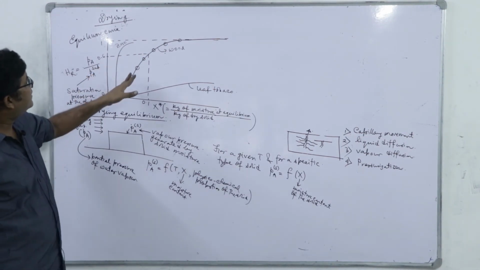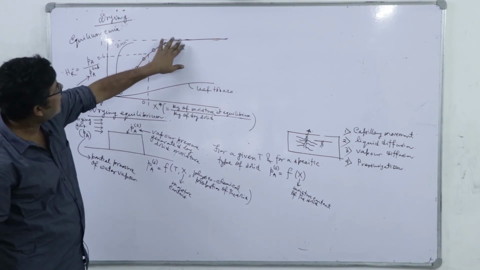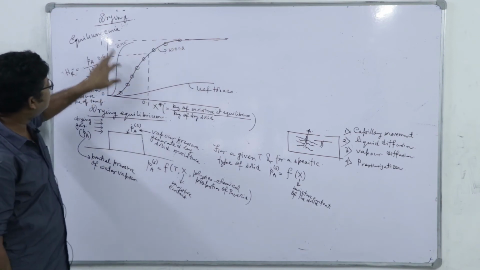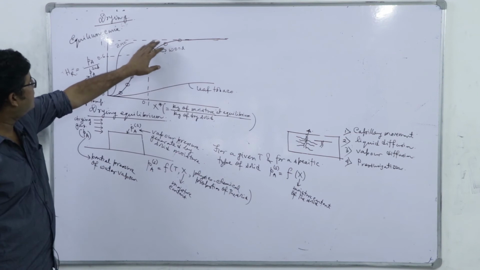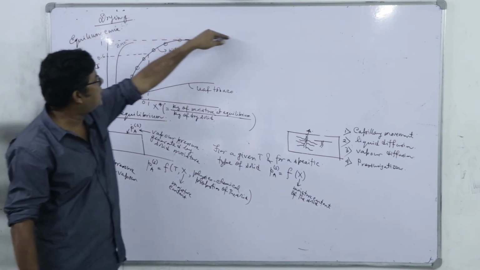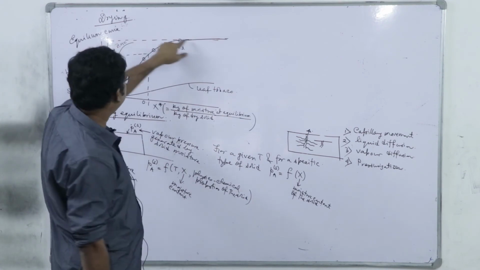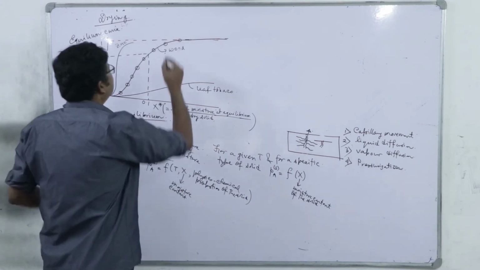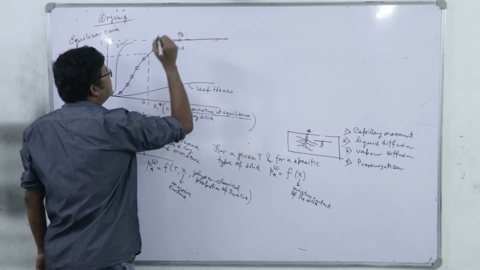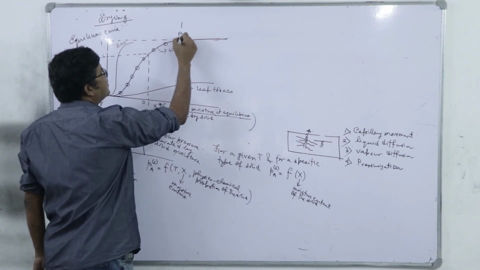So, you see that after some specific value of X star, it saturates to this threshold value which corresponds to RH equal to 1. Let us mark the point as B. And what is the significance of this point?